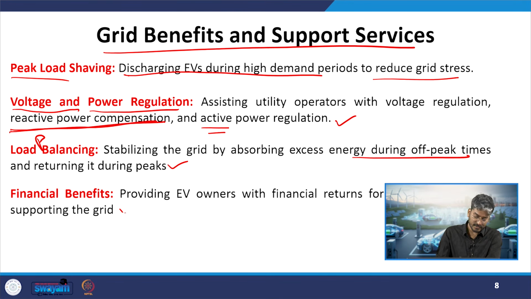Financial benefits. As this concept is evolving, we can have monetary benefits for the EV users if they are supporting the grid while it is having the peak loading. So, that will be an additional benefit the EV users can get. So, why is this required? Because nowadays we are going into more and more renewable energy sources which are intermittent in nature, or their generation cannot be predicted with 100% accuracy.